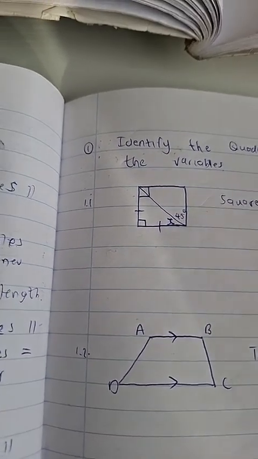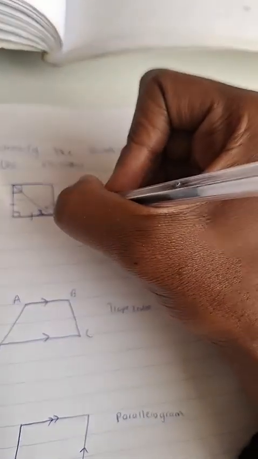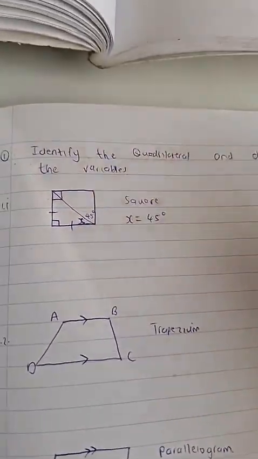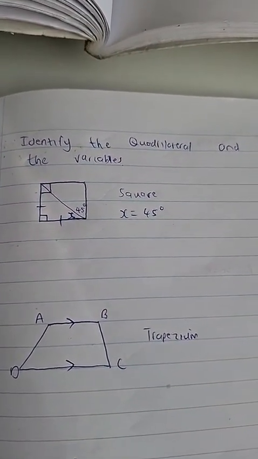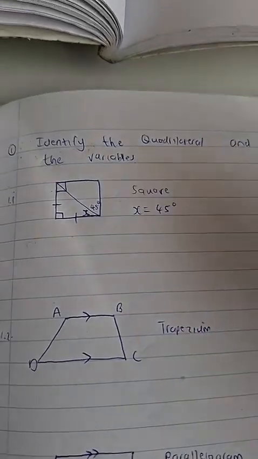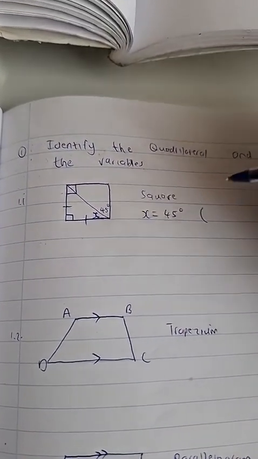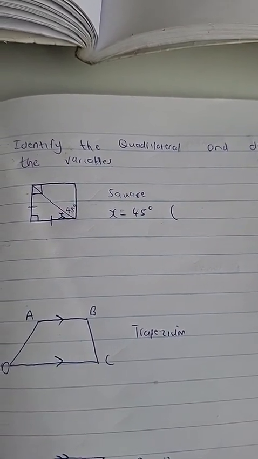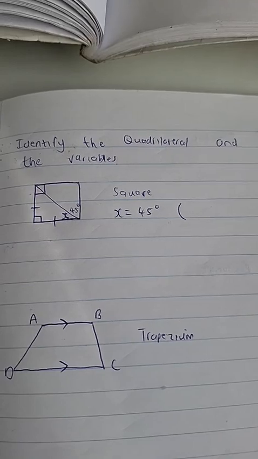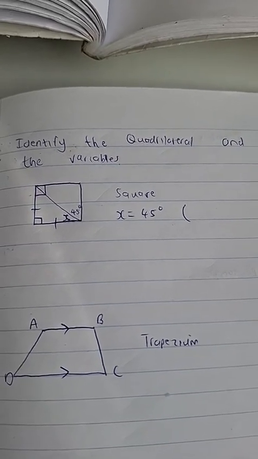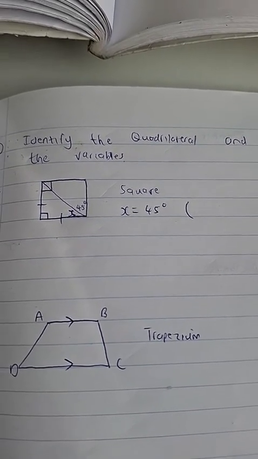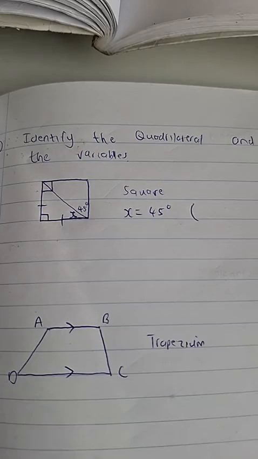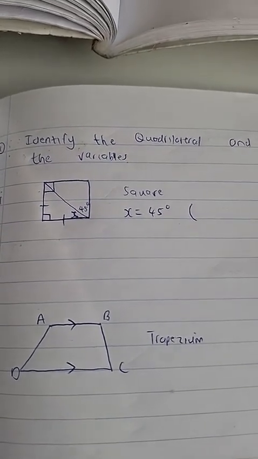And what's your reason? I need a reason. You can't just tell me x is 45 degrees. I agree x is 45 degrees, but I need a reason that is 100% correct.